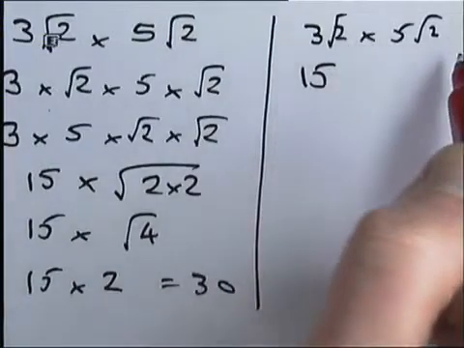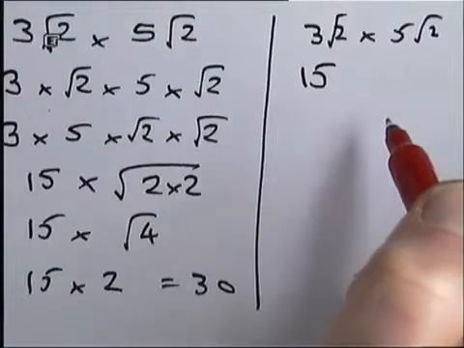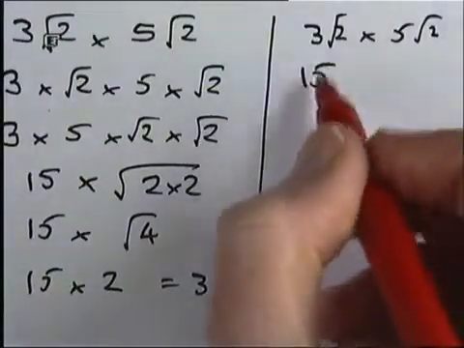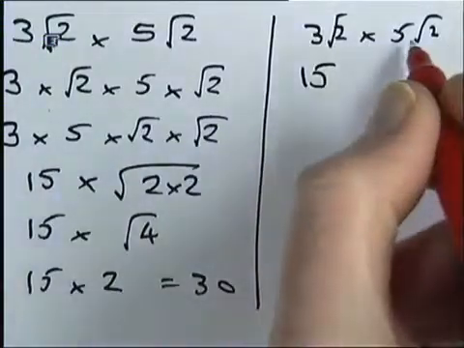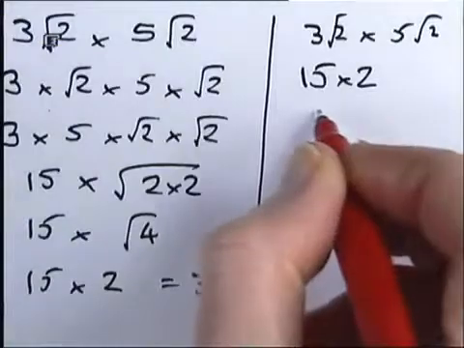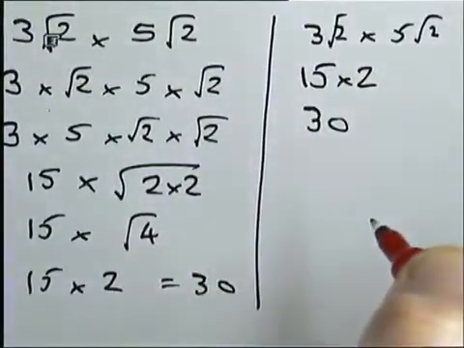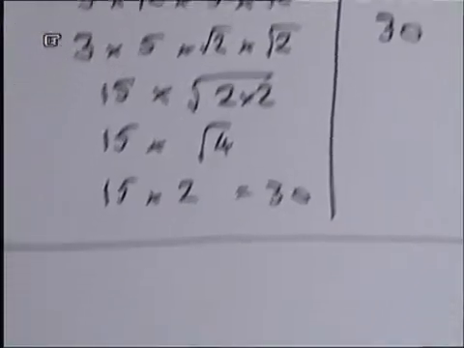So root 2 times root 2 is 2. For example, root 7 times root 7 would be 7. So I've got my 3 times by 5, that's 15. Root 2 times by root 2 is 2. So I get 15 times by 2, and that's 30. And that's usually as much as you'd write in one of these questions. Anyway, we'll go on and look at another example.